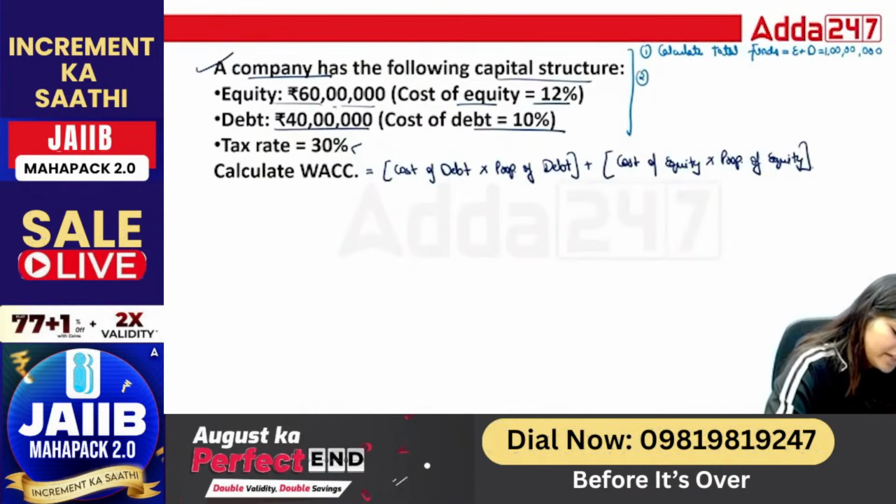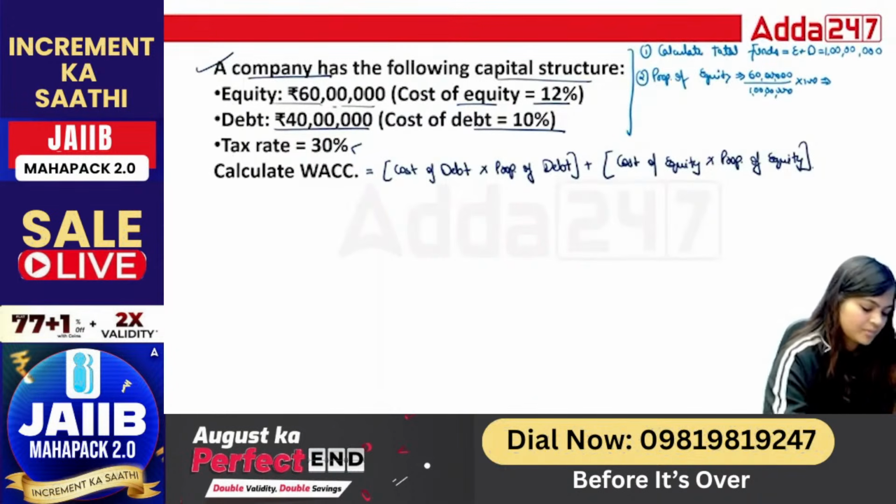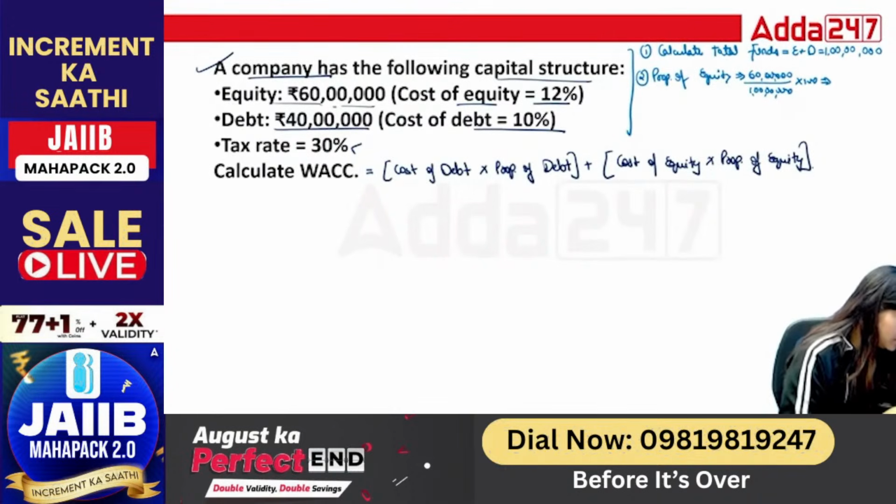Now, second thing, let's calculate the proportion of equity. So 60 lakhs divided by 1 crore into 100, that is 60%.